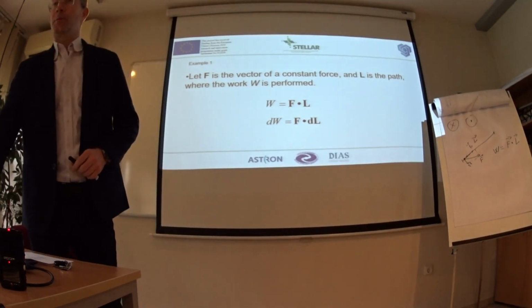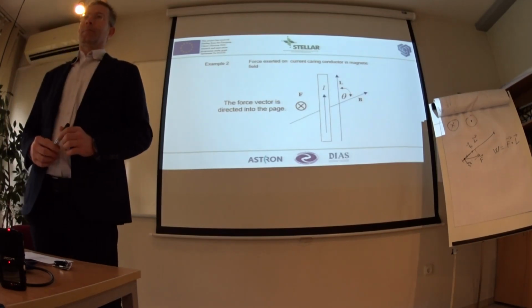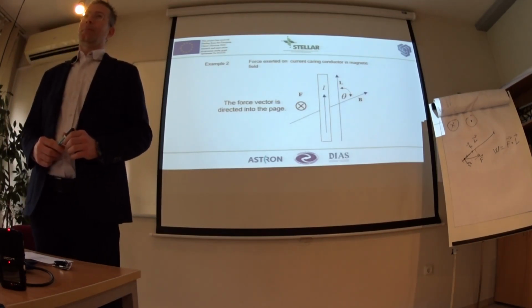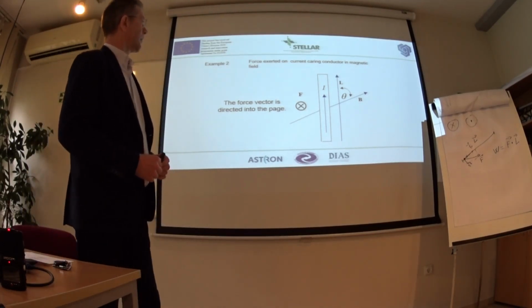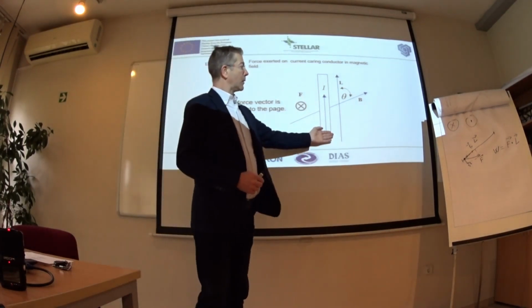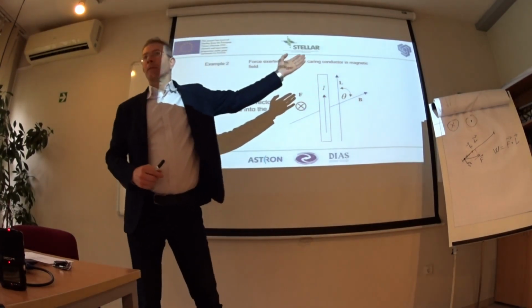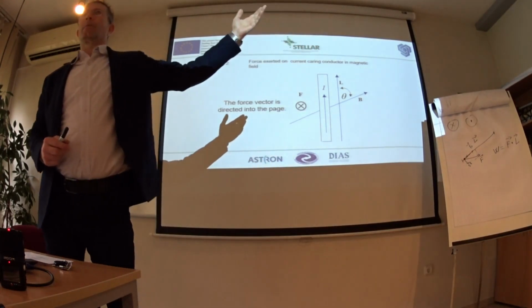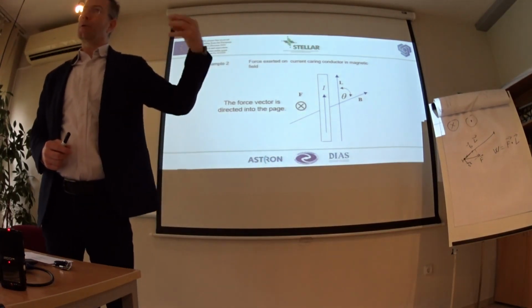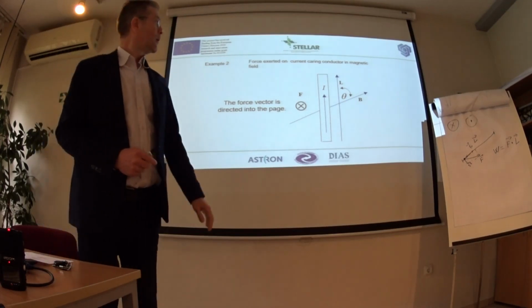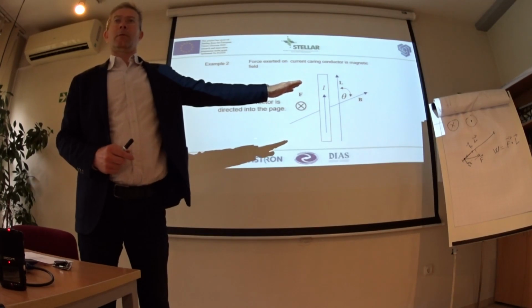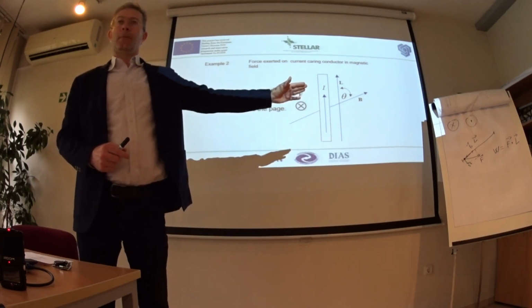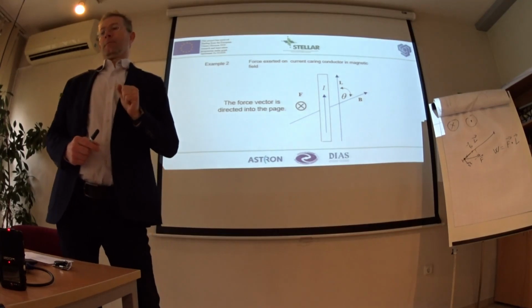And how about the cross product? Here is an example. We have a conductor, and current is flowing through this conductor. We put it in a magnetic field, a constant magnetic field. What will immediately happen?